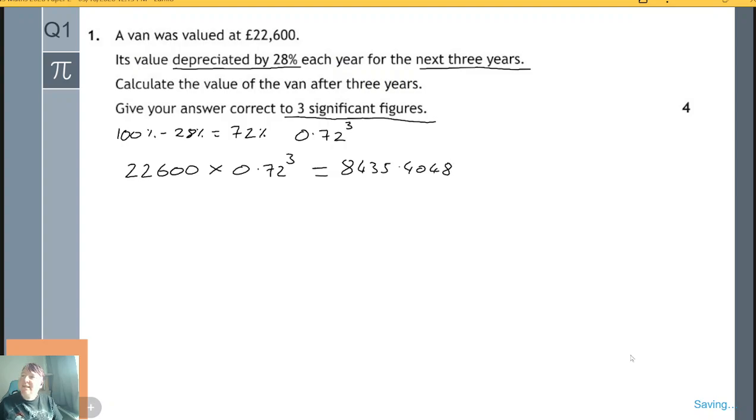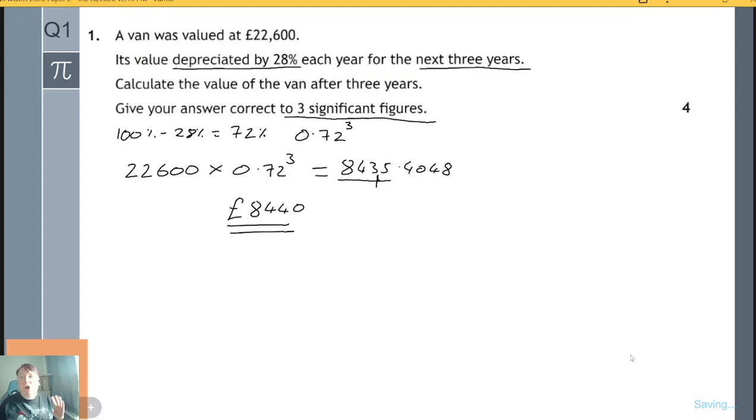I want it to 3 significant figures, so we're only interested in the first 3 numbers and the 1 digit after it, because that tells us whether we're rounding up or down. Because it's a 5, we're rounding up, so our value is 8440, because remember this is thousands, hundreds, tens and units. We don't want to suddenly lose our thousands. And that's us.